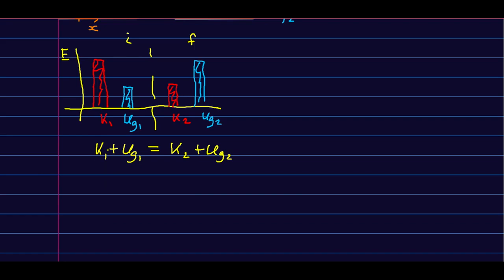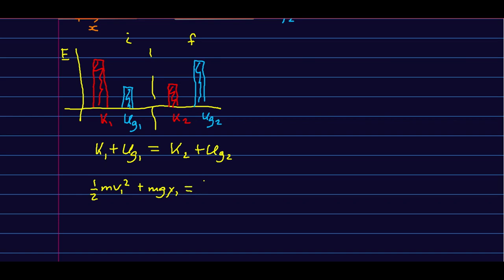Now we can replace each of these with the formulas for the different types of energy. The kinetic energy is a half m v1 squared, and the gravitational potential energy is mg y1.